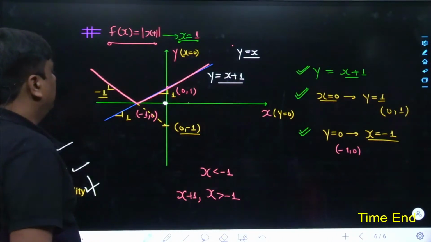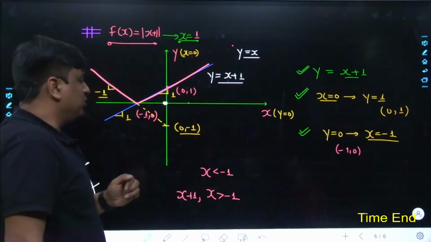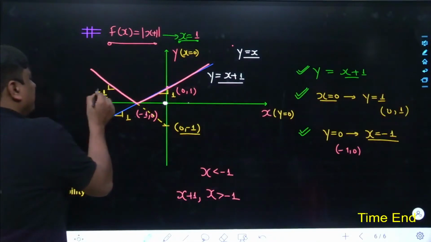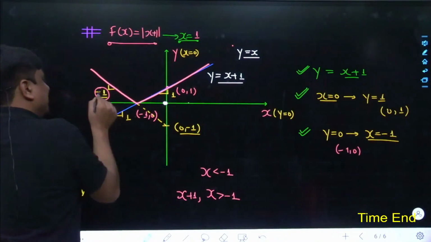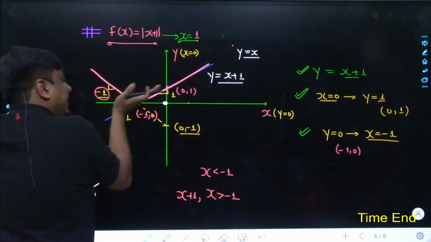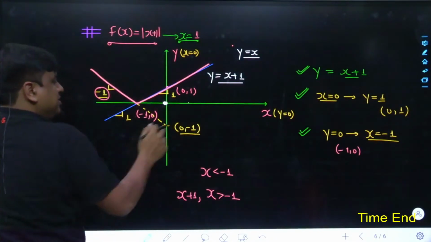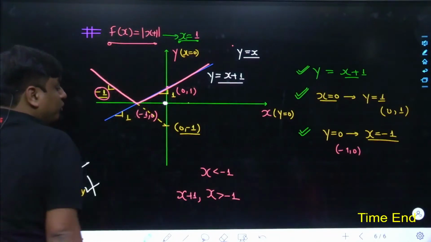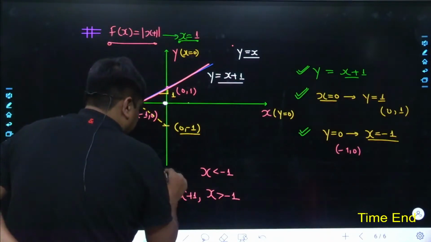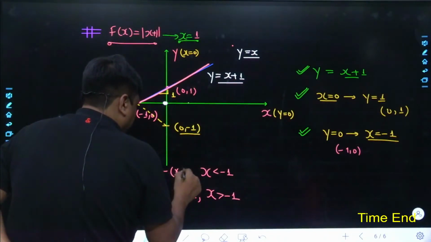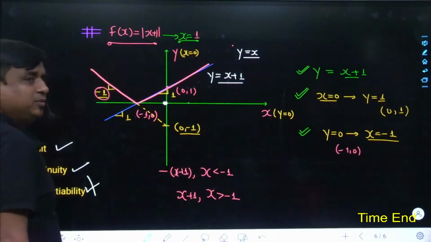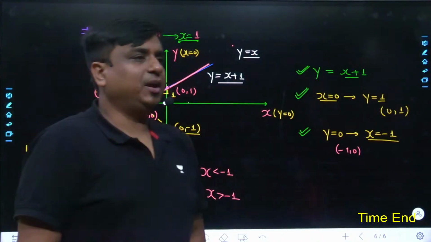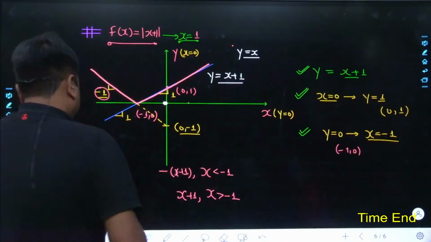But if you go towards the left-hand side of x equals minus 1, the slope is reversed. Initially it was plus 1, now it is minus 1. Initially it struck (0, 1), and now it strikes (0, -1). So obviously the polarity of x would change and the polarity of the constant would also change. This is minus x minus 1, or you can write it as minus within the bracket x plus 1. And this is your function.